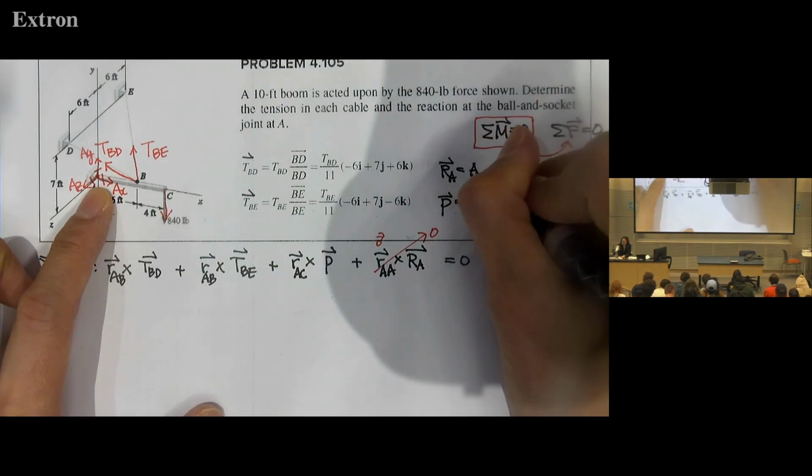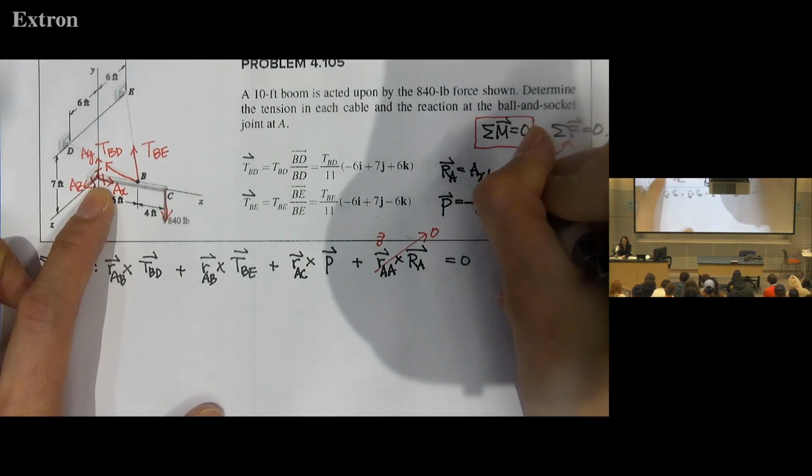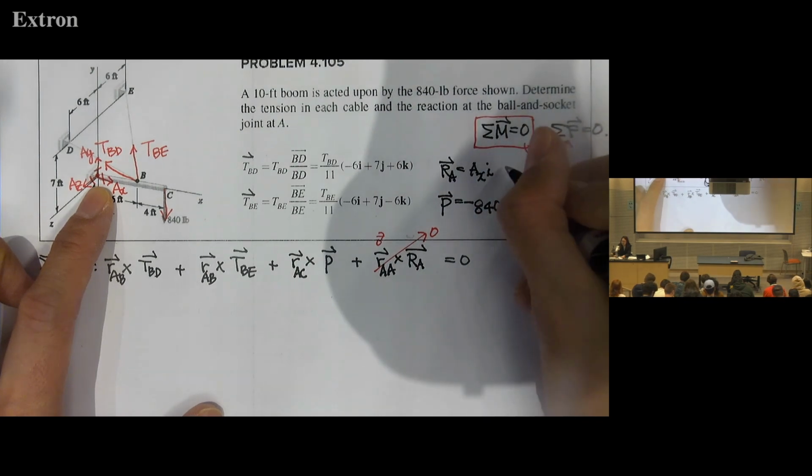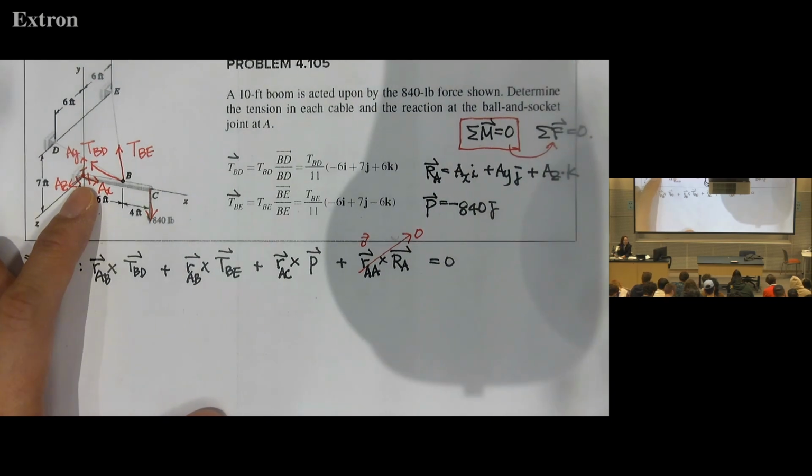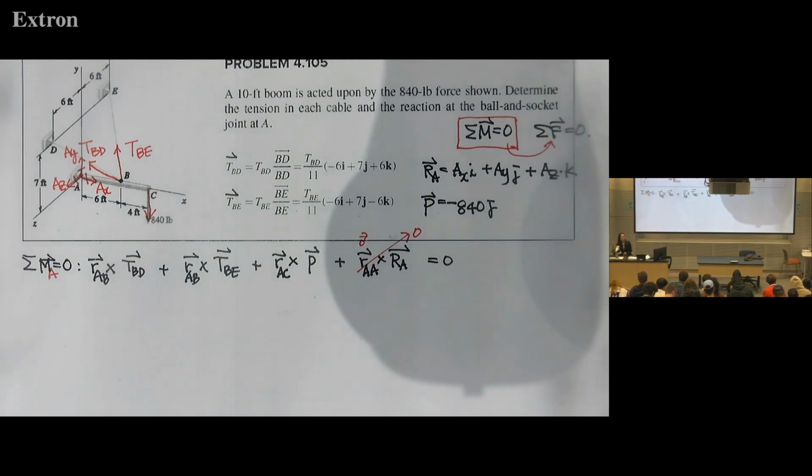So RA has AX magnitude in the I direction, AY magnitude, unknown, in the J direction, and AZ in the K direction. So finally, I answered your question. RA is AX I, AY J, and AZ K. Okay.